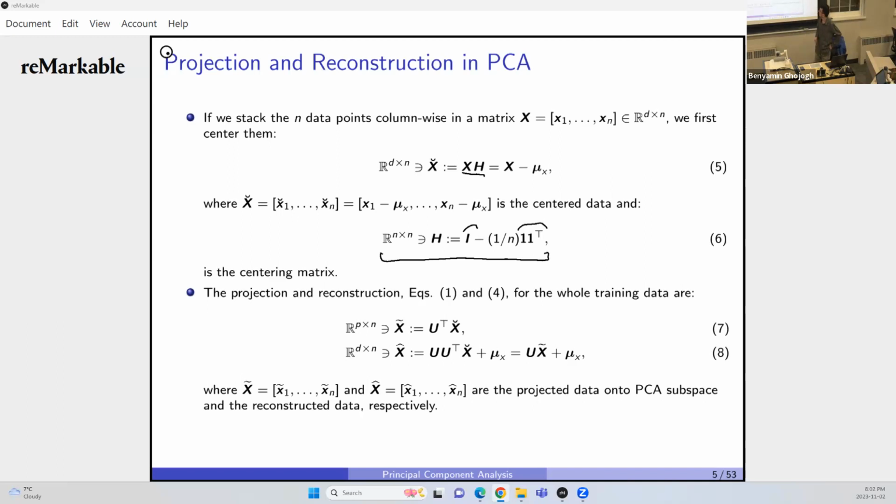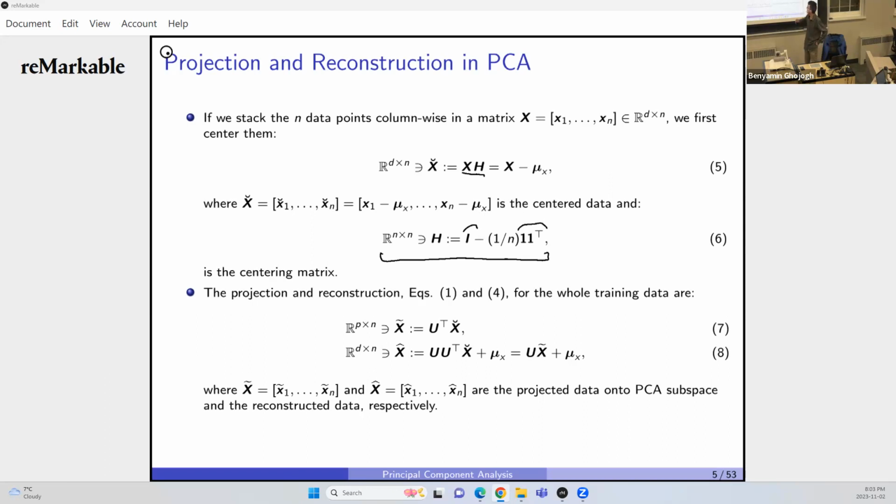So rather than removing the mean of the data points one by one in a for loop, we can do it using matrix calculations. We don't need a for loop, because matrix multiplication does the implicit for loop for us.